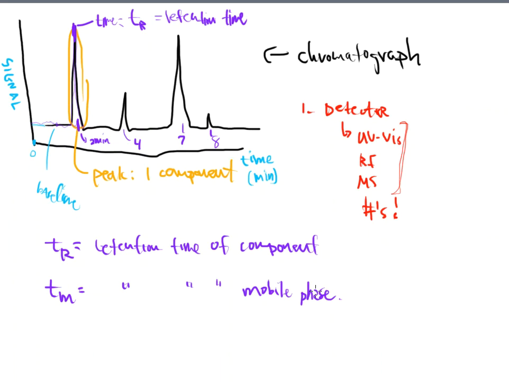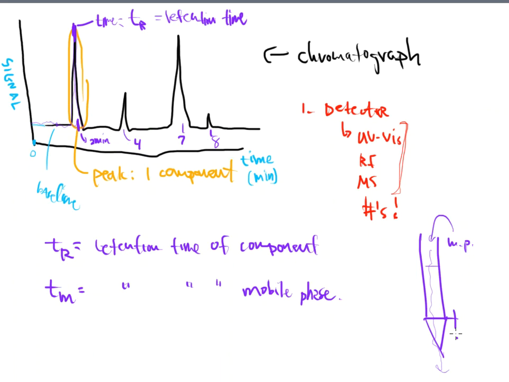When I put the mobile phase inside of the column, right, so over here is going to be my column, my stationary phase is filled on the inside, and I put the mobile phase inside of the column. The mobile phase should just basically go straight through and out the other end, right? It should not be held back.